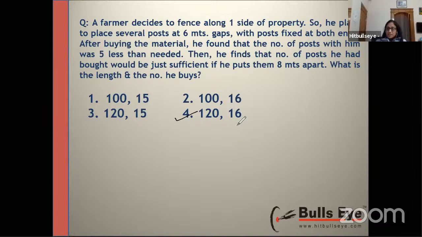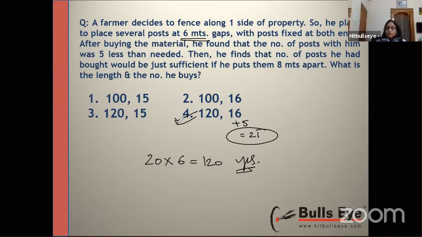If I increase the quantity by 5, the quantity becomes 21. Now it should work to be placed at 6 meters gap each. But please remember the quantity is 21. But what I have to check is 20 multiplied with 6 matching with 120? Yes, it is. So it is definitely working for first situation also.